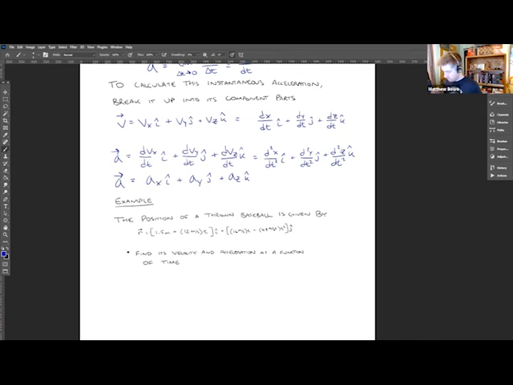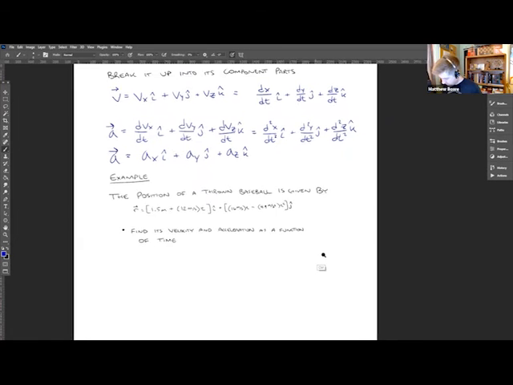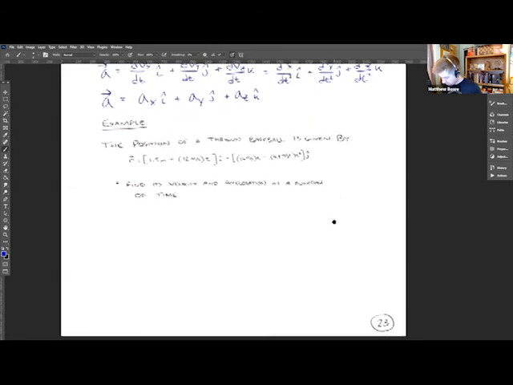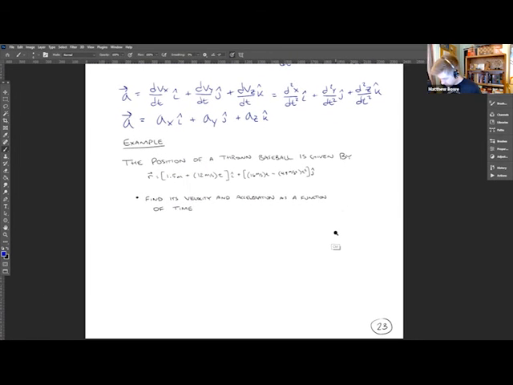The position of a thrown baseball is given by this function. Find its velocity and acceleration as a function of time. This is a bit of an odd way of writing a position because there is a velocity multiplied by t for time. There's one here and there's t squared in that term right there.